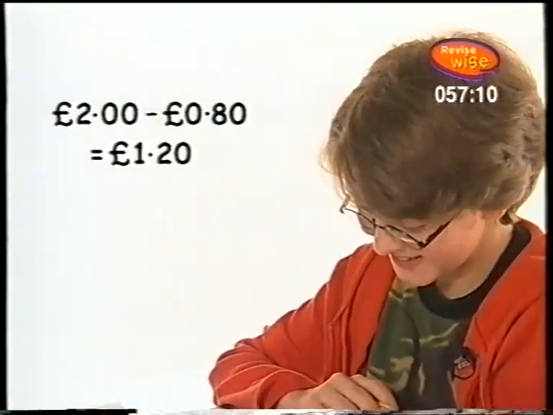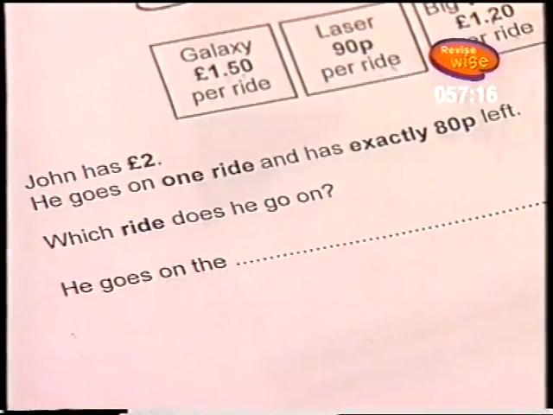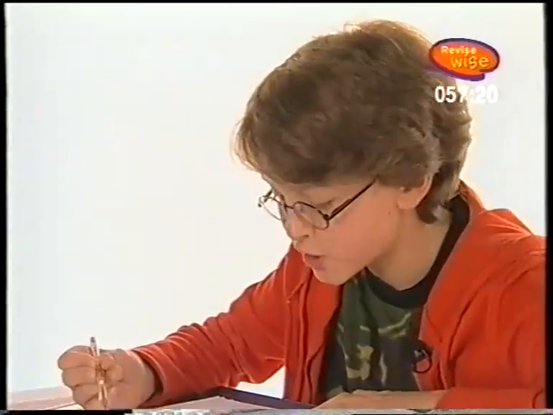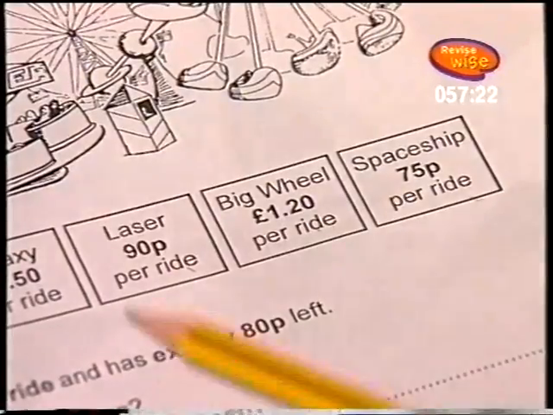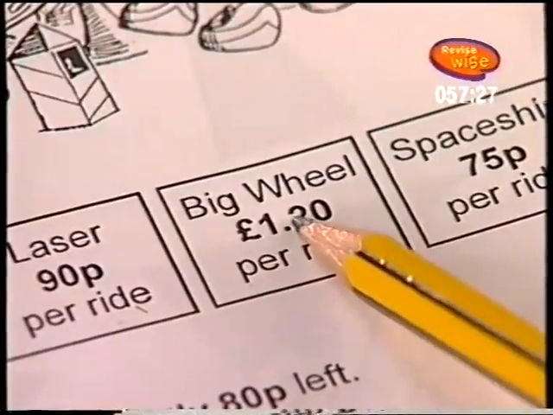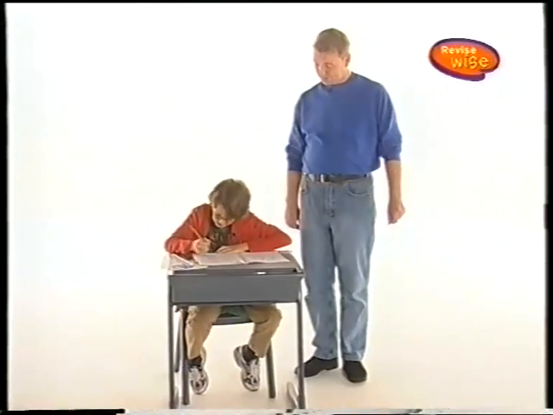That's £1.20. Well, the maths is right, but what does the question ask? It asks which ride John went on, so I have to look up the one that cost £1.20. That's the big wheel. So, write it down.